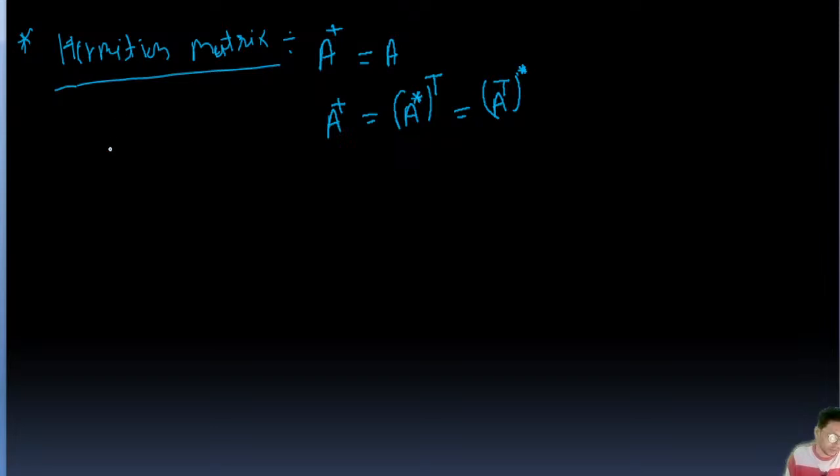Okay, and there are some properties of the Hermitian matrix. Principal diagonal elements are real for a Hermitian matrix.